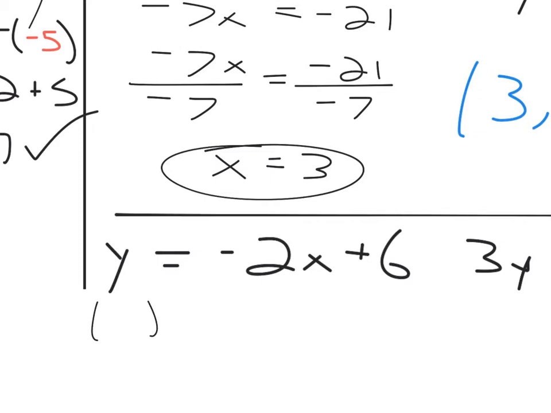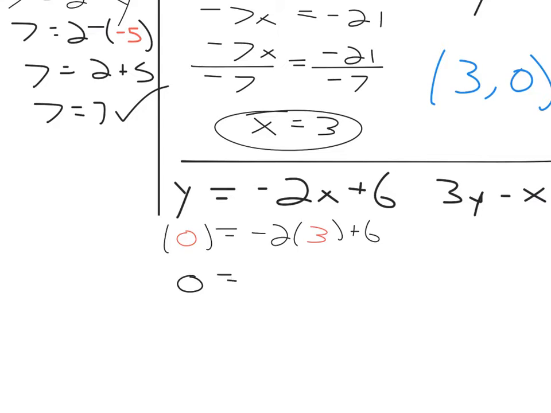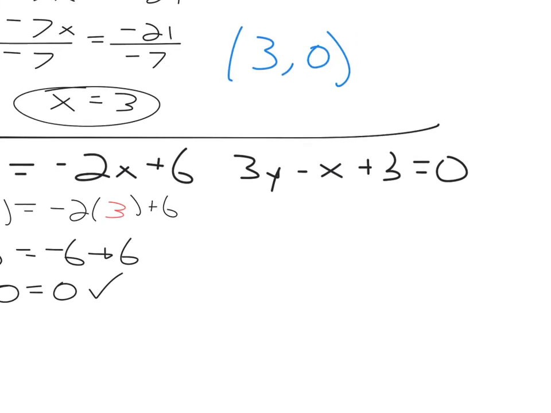We say y is equal to 0, x is equal to 3, and when we resolve that, we get 0 equals negative 6 plus 6. 0 equals 0. Check.